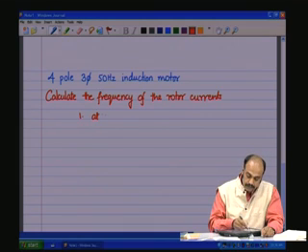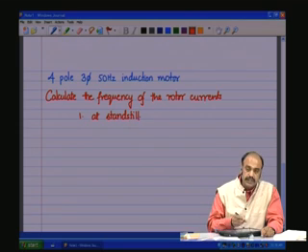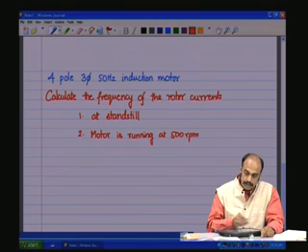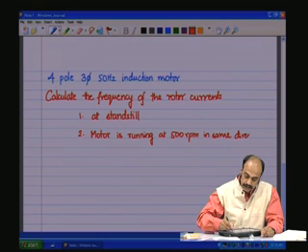At standstill, meaning the rotor shaft is not moving. Second, motor is running at 500 rpm in same direction as the field.